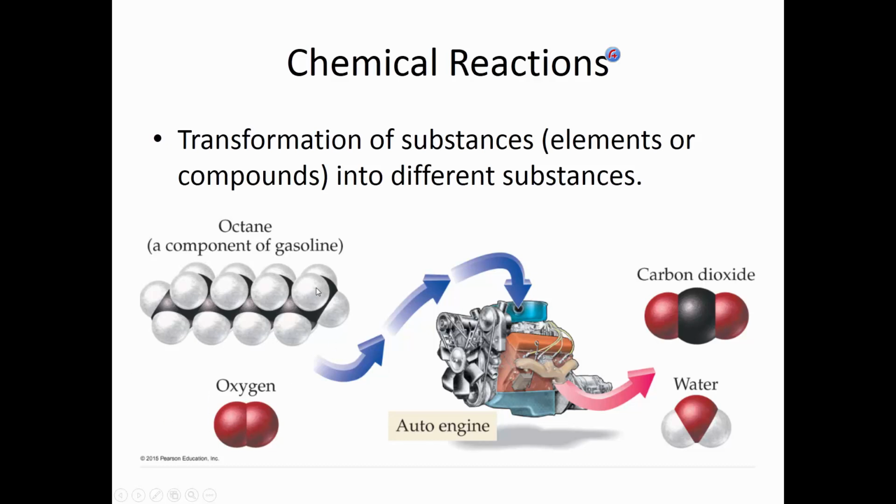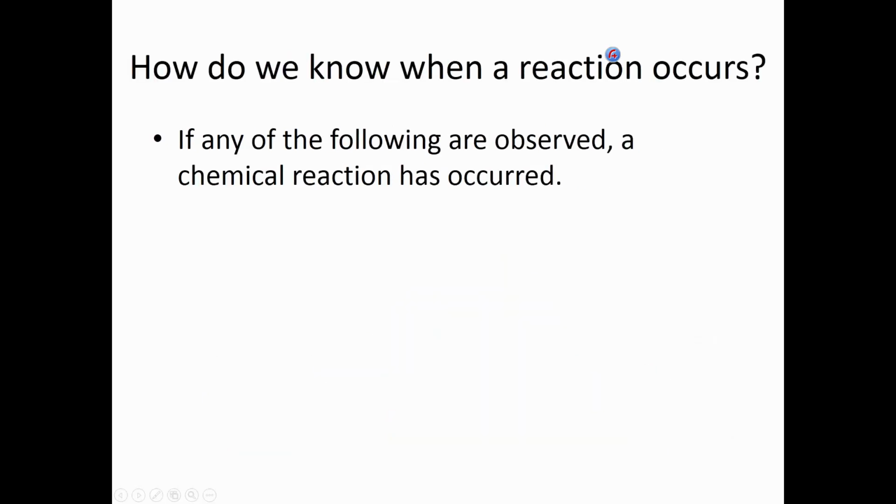And this is a representation of how these elements are connected in these molecules before they go into the engine, and then here we're showing how they exist when they come out. So that's the change. We have rearranged the ways in which the atoms that make up these substances are connected. So when we have a chemical reaction, that's essentially what's happening.